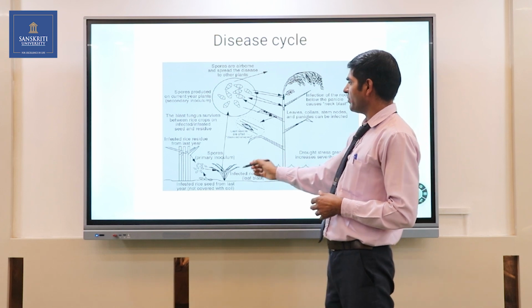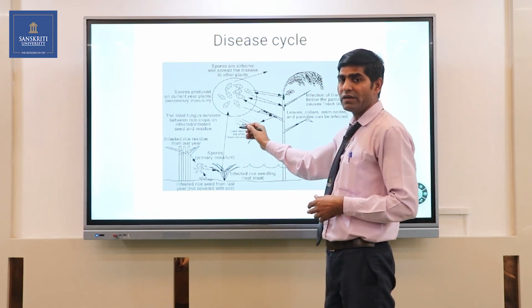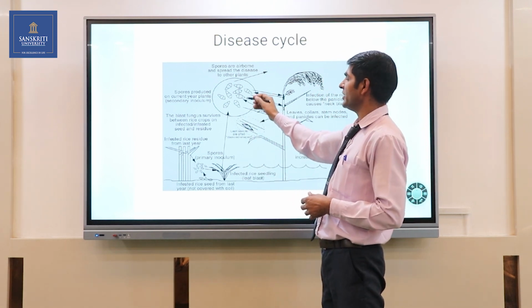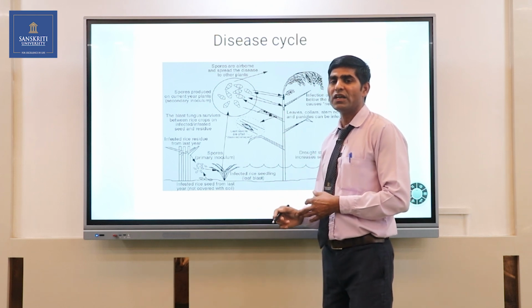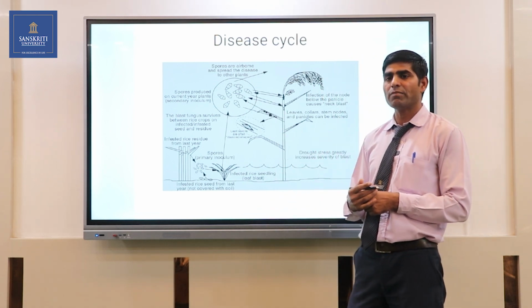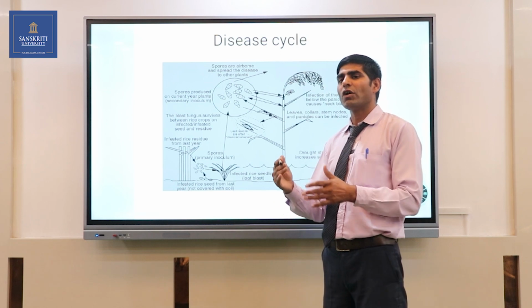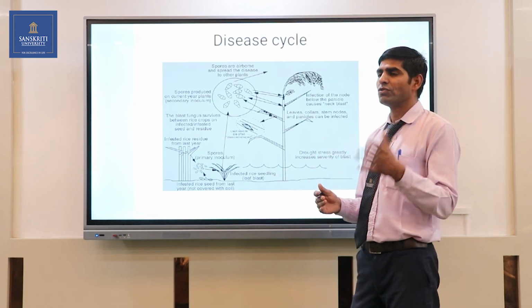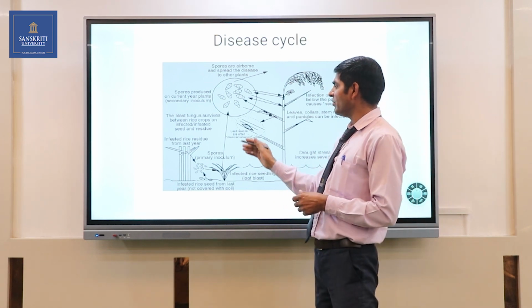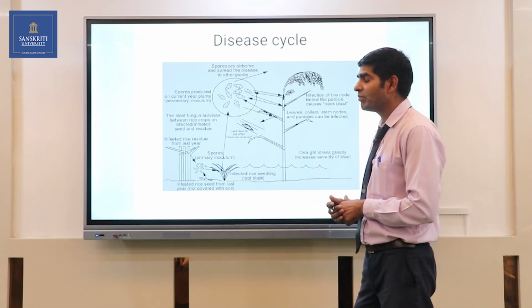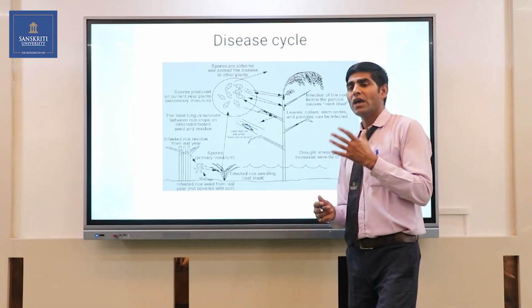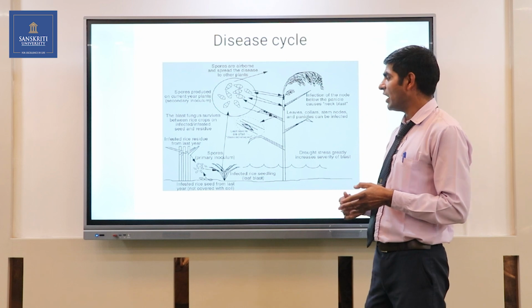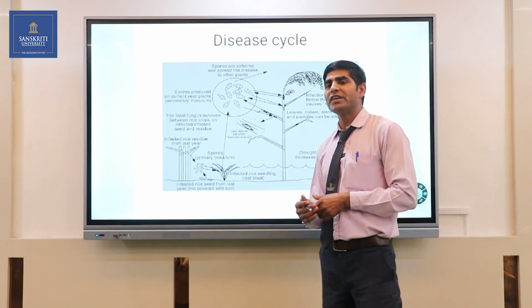And if the plant gets infected by the pathogen, then a secondary infection takes place. Secondary infection generally takes place by the transmission of spores from the infected plant to the healthy plant. But here we are talking about the primary inoculum. Primary inoculum is only mycelium, conidia, and the volunteer plant.